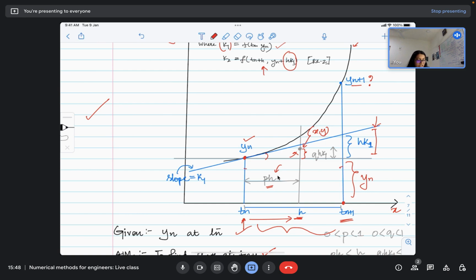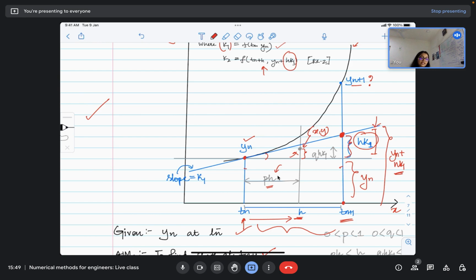So this distance that you can see here is h of k1. This entire distance is going to be yn plus h of k1. And so you have come up till here. So basically this is the intermediate point that has been taken. It is not truly intermediate because it is at the end of the interval itself.